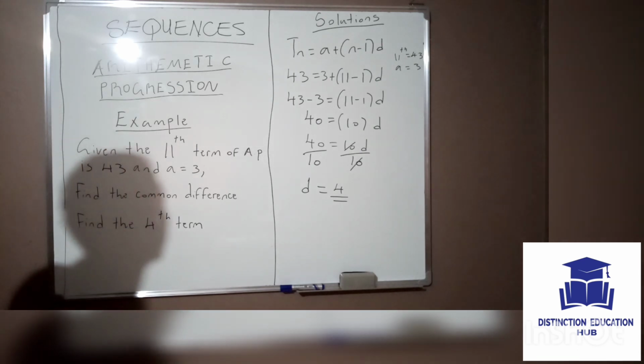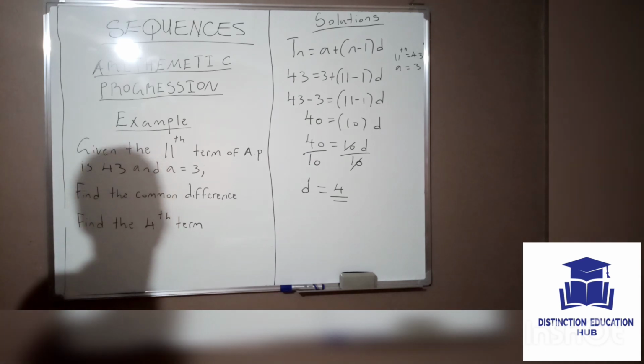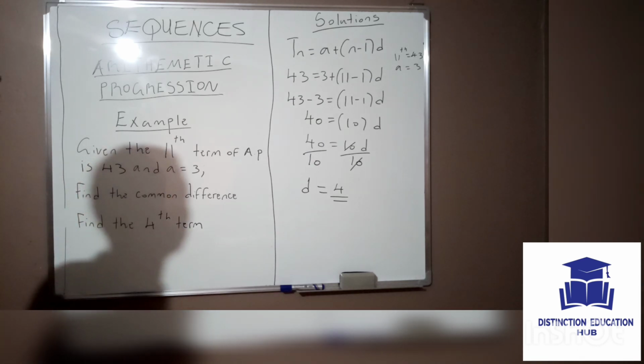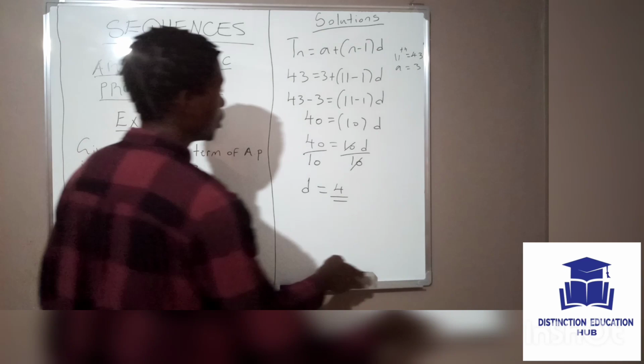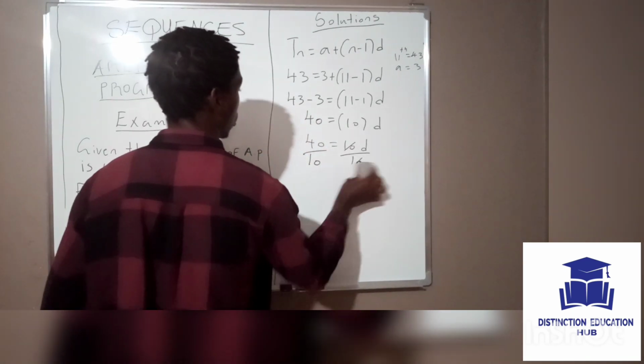Secondly, they want us to find the fourth term. How do we find the fourth term? In order for us to find the fourth term, we use the formula for the arithmetic progression. Remember, firstly, you write down your formula.